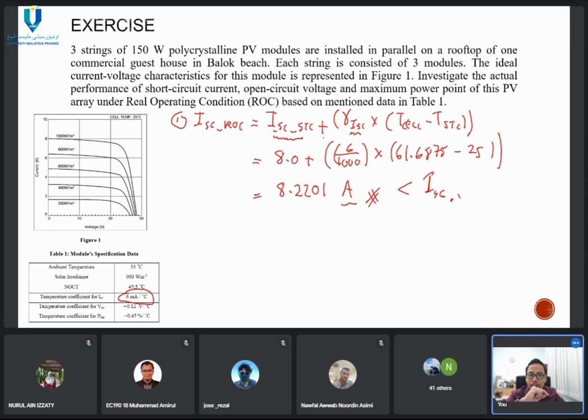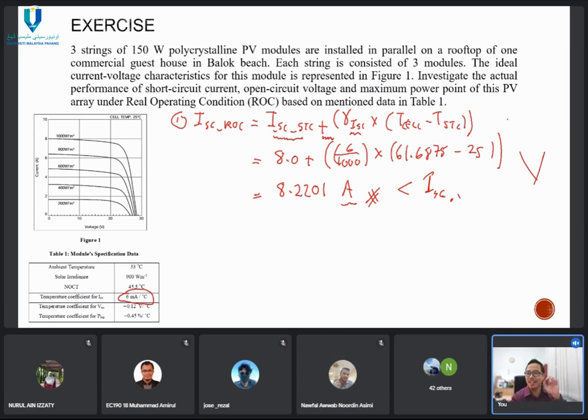Positive means plus. So when positive, it definitely becomes bigger than the original ISC-STC. So if you calculate less than that, confirm kosong.